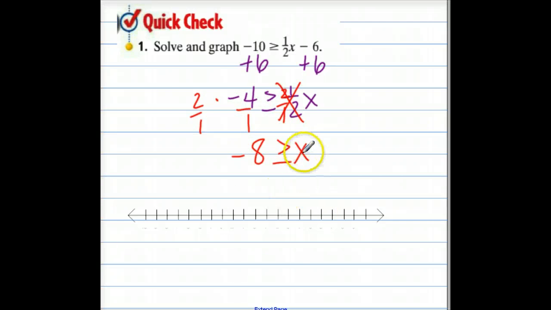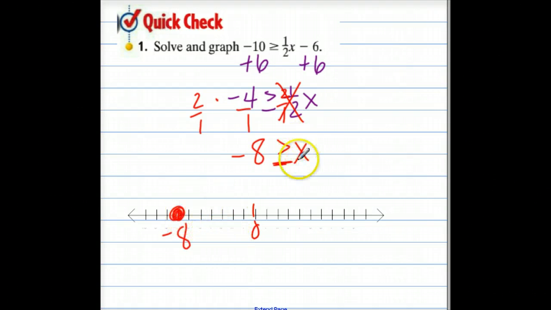Now, graphing this inequality, the variable's on the other side, so you have to read it this way instead. To graph this, I know I need negative 8 plotted, so here's 0. We'll say that negative 8 is right here. It's an equal to symbol, so I'm going to fill in my circle. But now, which way do I draw my arrow?